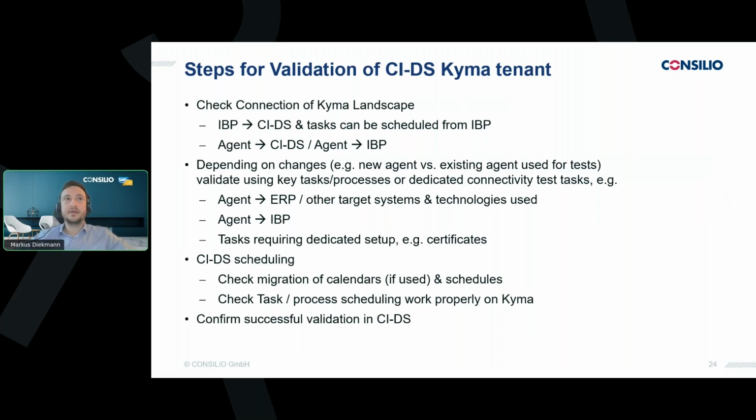For example, if the IBP data store connection is available and tasks can be scheduled from IBP, you can start a CIDS task from your agent to load data into IBP.